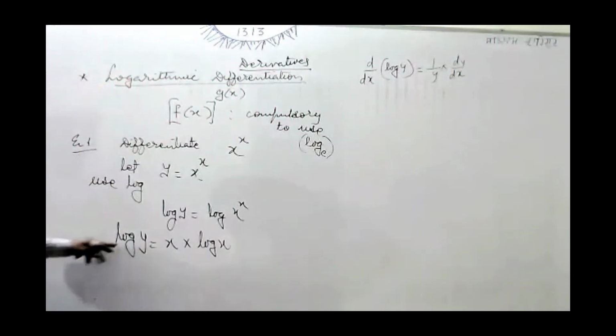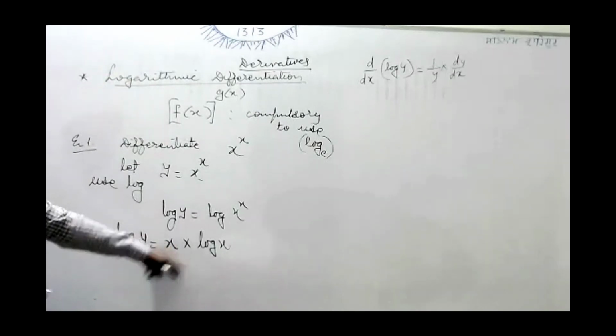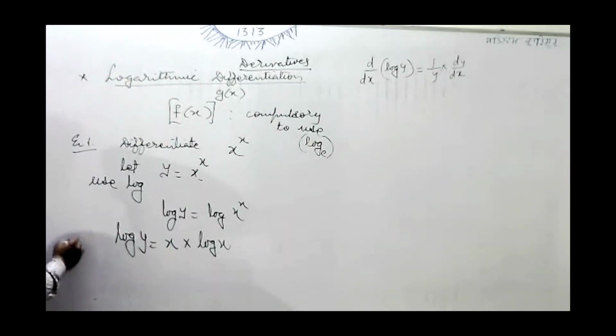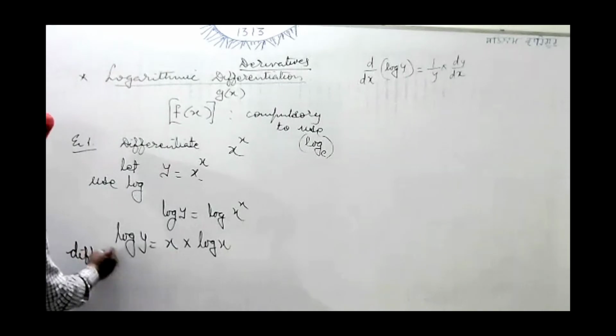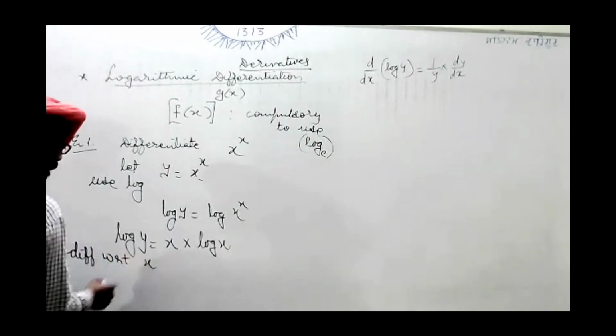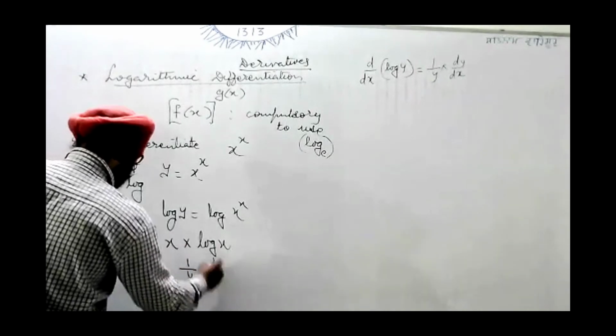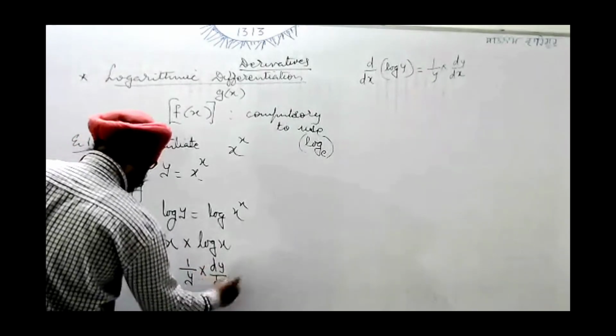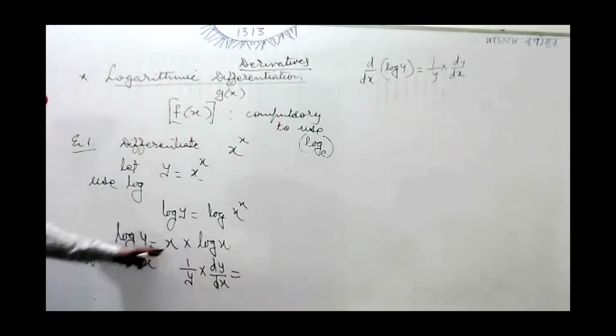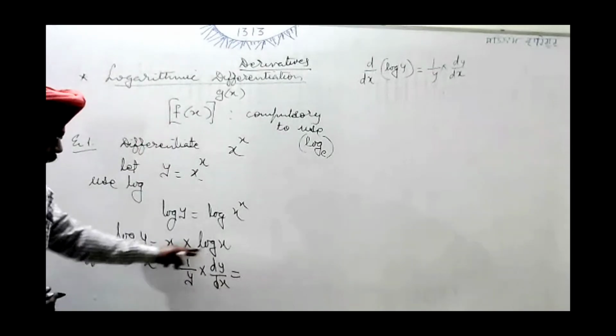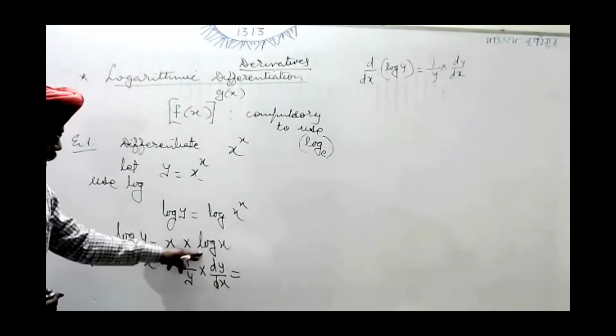Now differentiate both sides with respect to x. We get 1 upon y into dy by dx equal to, on the right-hand side, the product rule is applicable. Do not skip that.